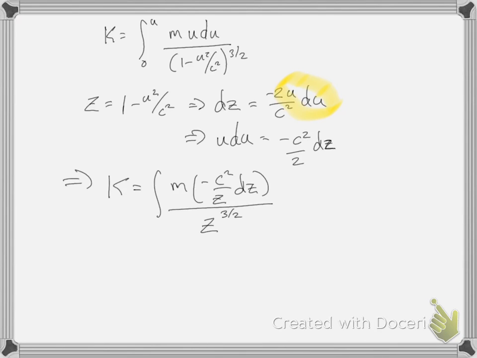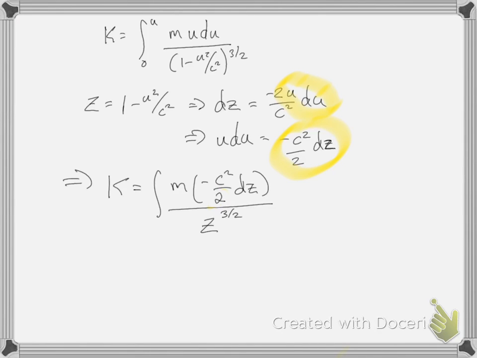All right, this now looks integrable. Hopefully you caught my little error there, because my 2's look like z's. This up here was minus c squared over 2, not minus c squared over z. So that means this is not a z but a 2.